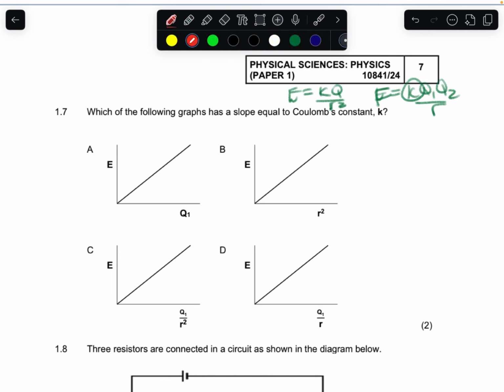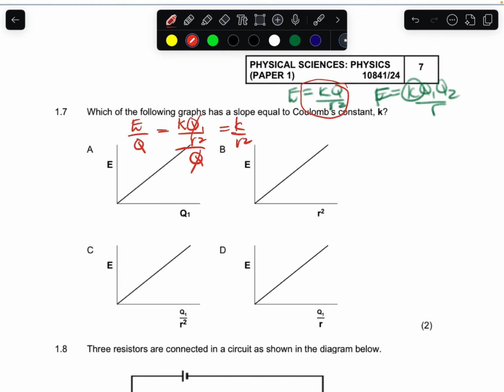We are going to check if we get the gradient as K. If we say change in E, which is change in Y over change in X, over Q is equal to KQ1 over R squared divided by Q, the Q and Q will cancel. So the gradient here is going to be K over R, which is incorrect.